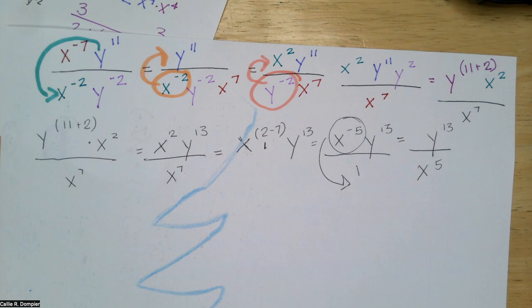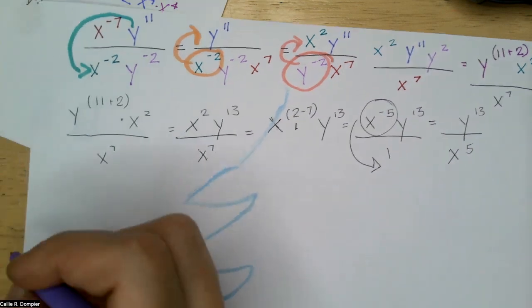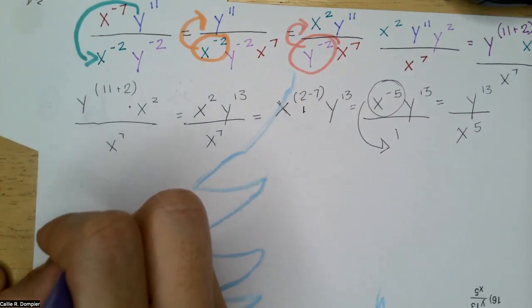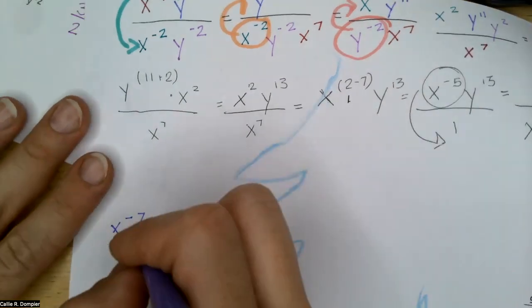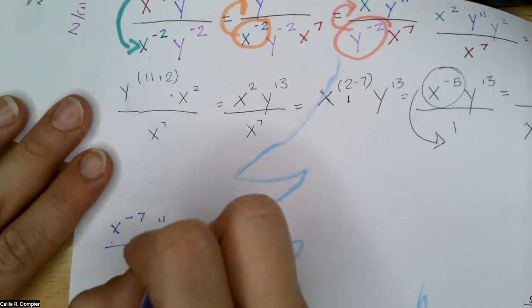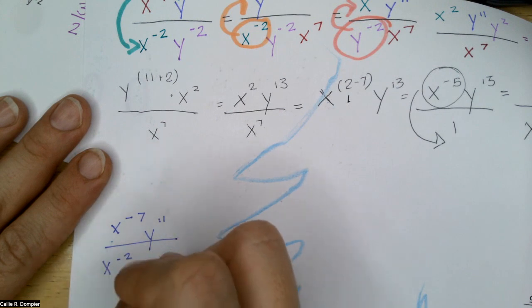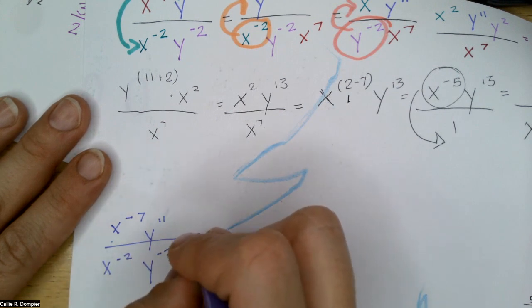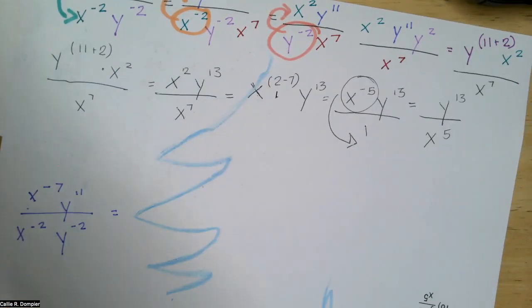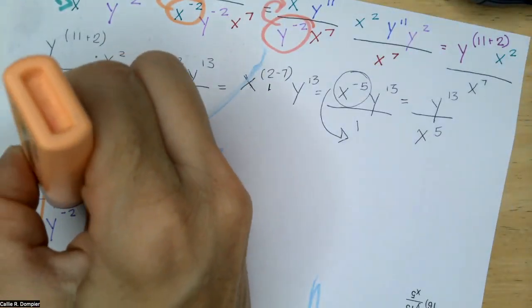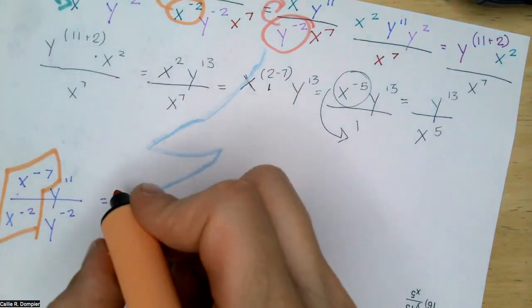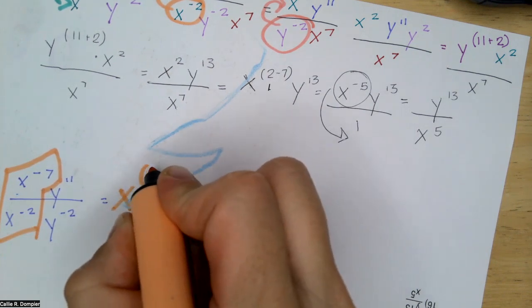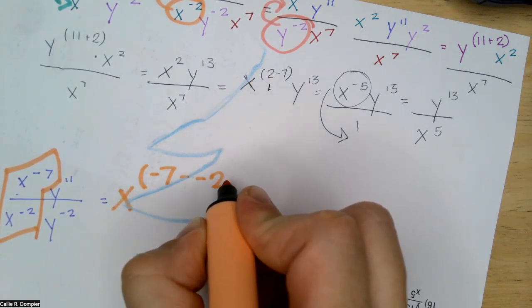Good. All right, there were different ways to do that. Like we could have, when we had x to the negative 7th, so this is the original one, y to the 11th divided by x to the negative 2, y to the negative 2. You can just take your like bases and say this is x to the power of negative 7 minus negative 2.